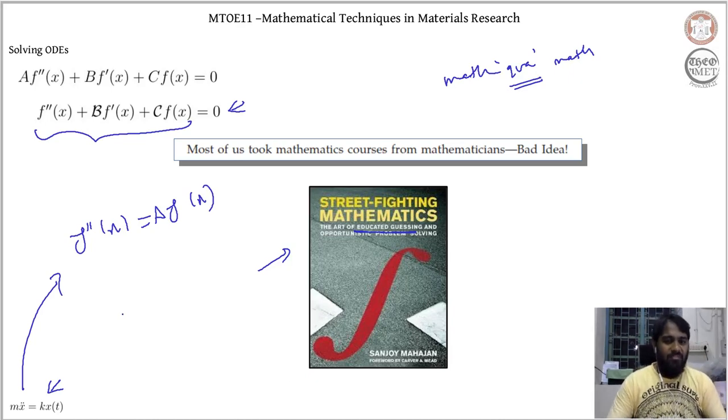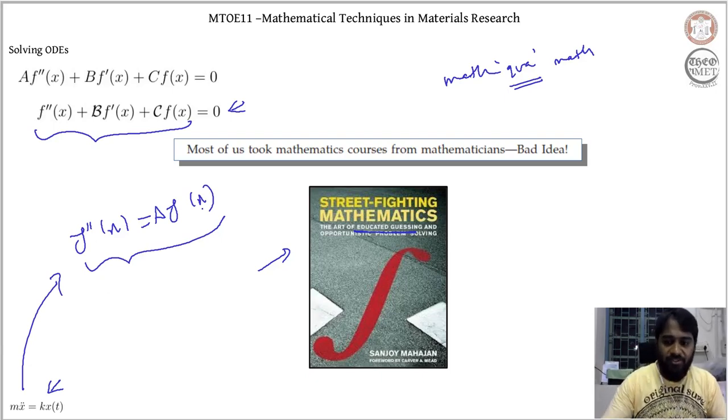Now we are exposed to different functions in our preceding courses in our school days. So we can think of one function that will satisfy this condition, which when differentiated twice will go back to its original form, or resume its original form.